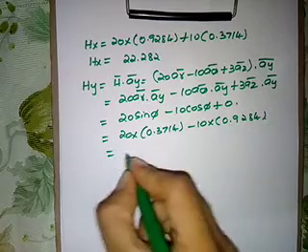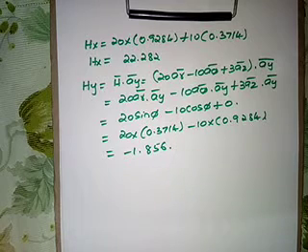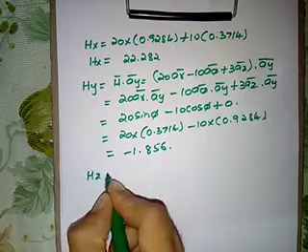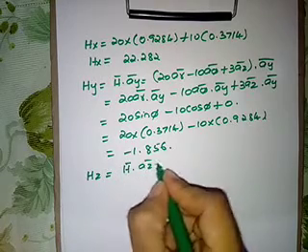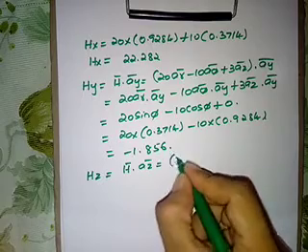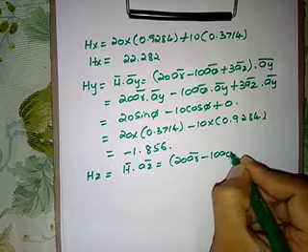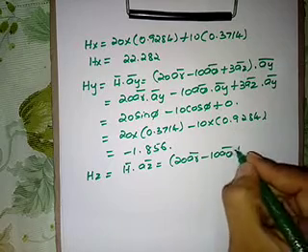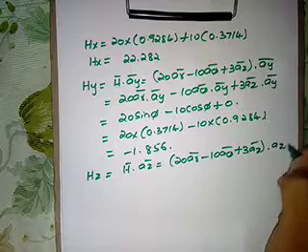So the answer comes out to minus 1.856. Similarly the hz component is given by h bar dot az bar, that is 20 ar bar minus 10 a phi bar plus 3 az bar dot of az bar.